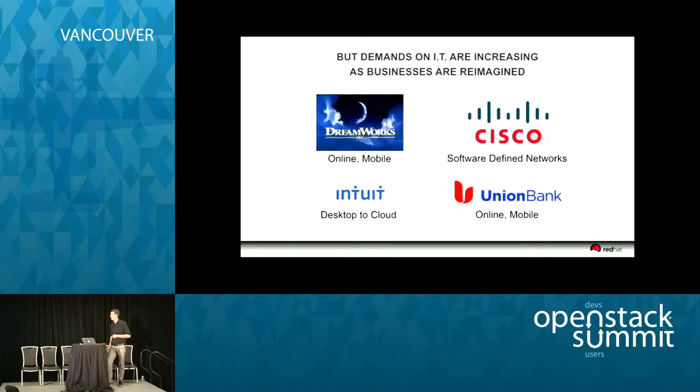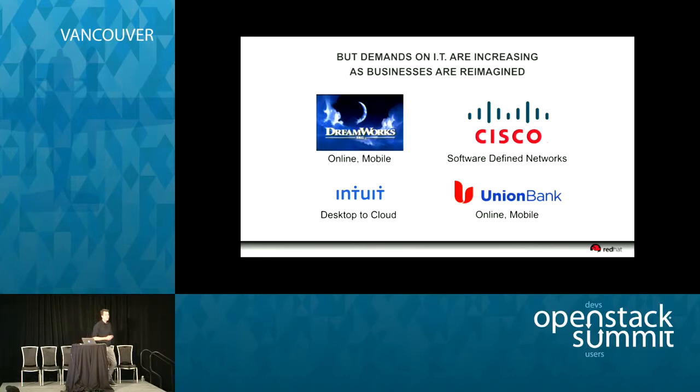But it's not just the travel industry, right? There are other industries being transformed as well. The entertainment industry, DreamWorks Animation, looking to expand their brand, moving into mobile and online gaming with software. Cisco, seeing private and public cloud adoption really transform the requirements for networking.